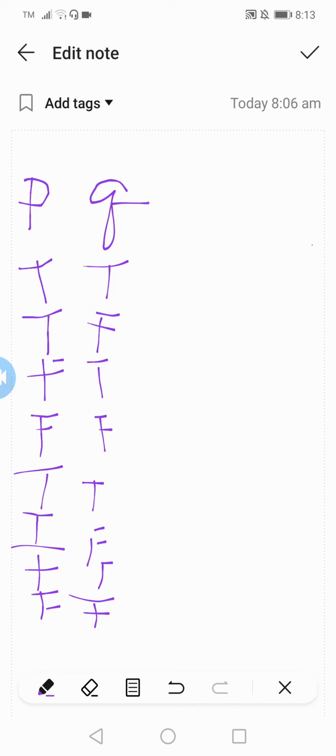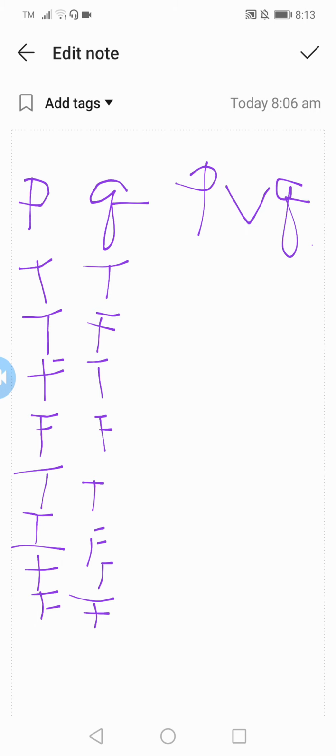So for the disjunction, P V Q, this will be the symbol for the disjunction, and the rule states that the compound statement P disjunction Q is true if at least one of P or Q is true. Okay? Take note that it is false when both P and Q are false.